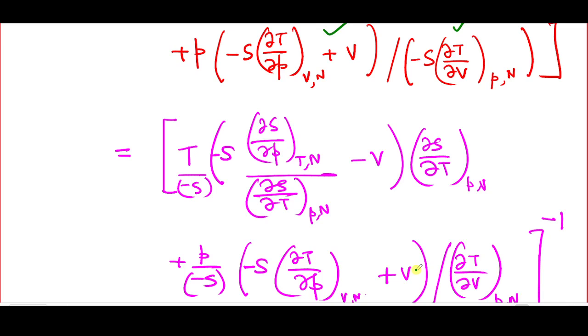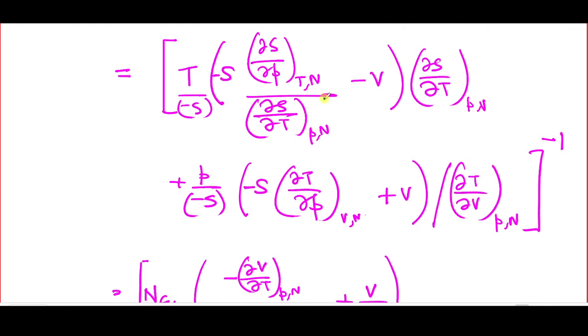So what we need to do is simplify this by either using Maxwell's relations, or if the derivative involves a temperature and entropy, invoking the formula for Cv or Cp. Now that's pretty straightforward.